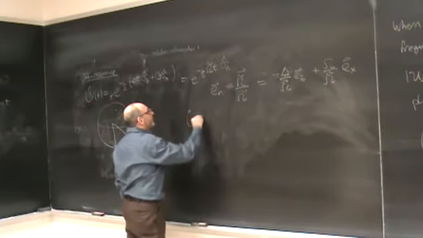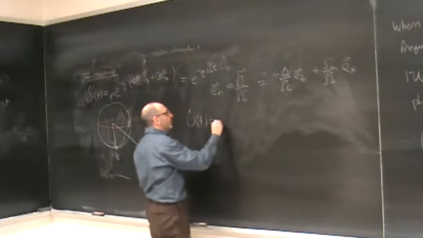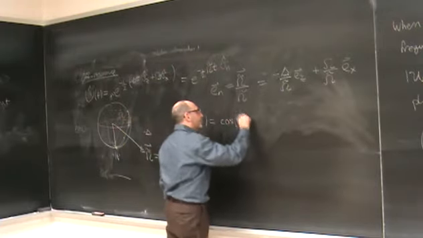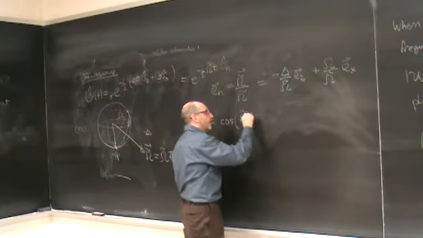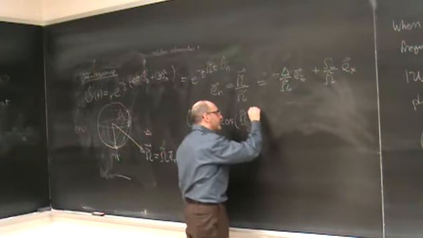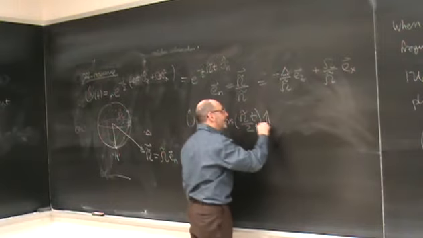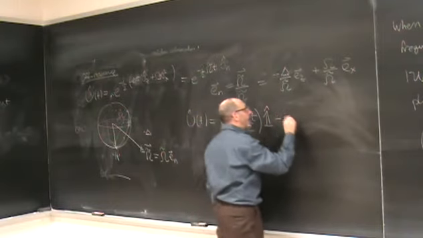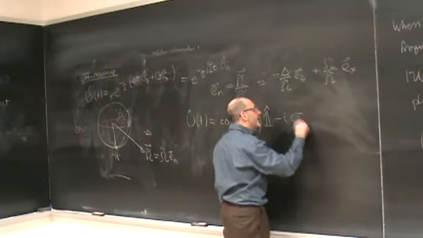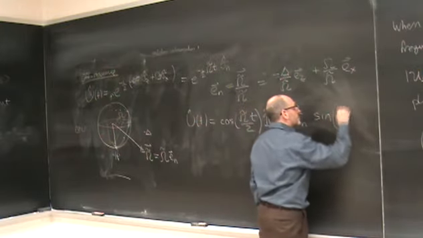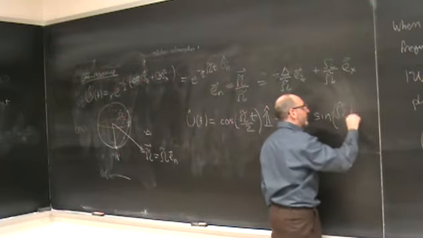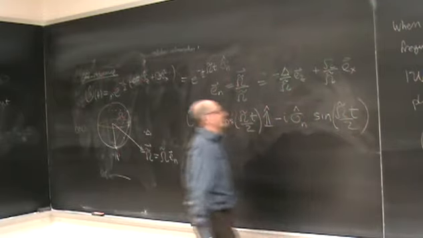My time evolution operator, thus, is equal to cosine of the effective Rabi frequency over 2 times t times the identity, minus i sigma n sine of the effective Rabi frequency over 2 times t.